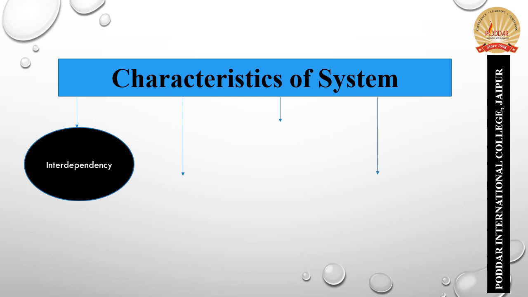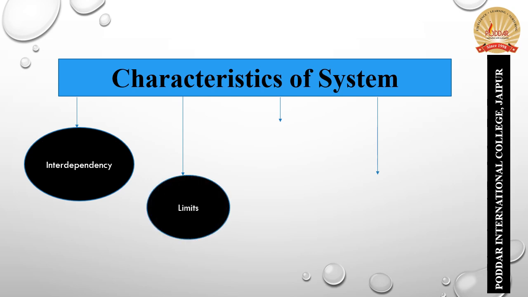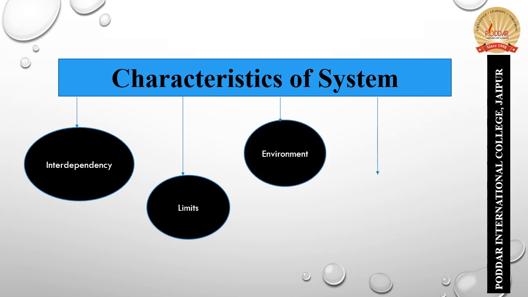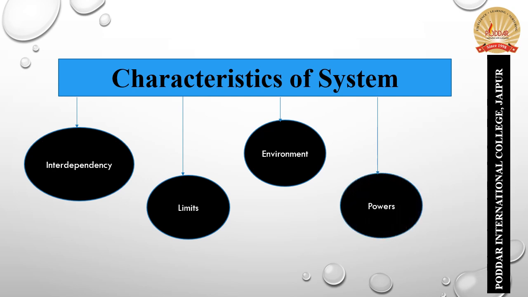There is some structure in a system and all the structures are interdependent. Second is limits. Every system has some specific limits and boundaries. Third is environment. The system must interact with the environment. And the last is power. Every system, that means every organization, has power.